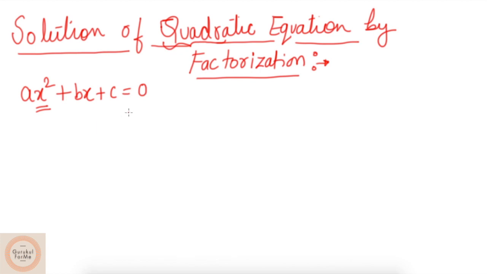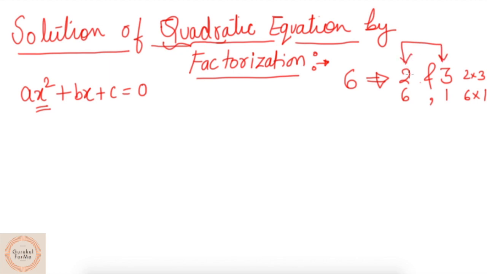So we know what is the standard form of a quadratic equation. What are factors? 6, for example, will have factors such as 2 and 3, because when you multiply 2 into 3, you get 6. It could be 6 and 1. When you multiply 6 into 1 it becomes 6. I'm assuming that these are natural numbers.